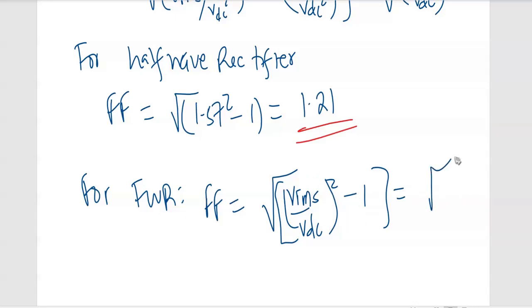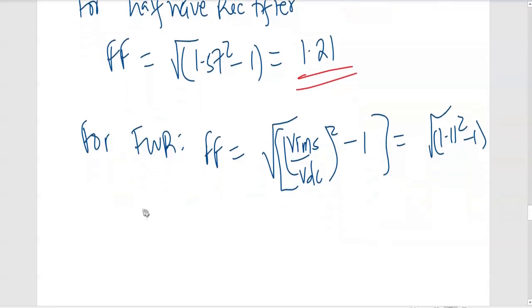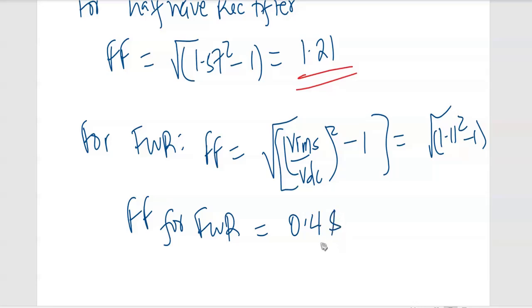So this is the square root of 1.11 squared minus 1. I take the root of the answer and I have 0.48. So the form factor for a full wave rectifier is equal to 0.48. This is where the 0.48 comes from.